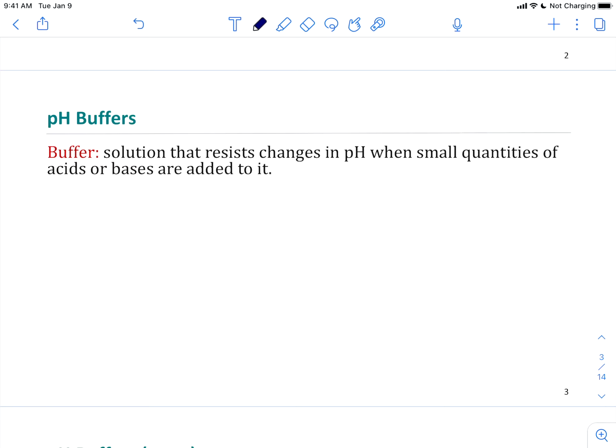And the idea is to make this up, you want to use a weak acid or a weak base, and then the conjugate of that. Okay? Its conjugate partner. So, for instance, acetic acid, classic weak acid.